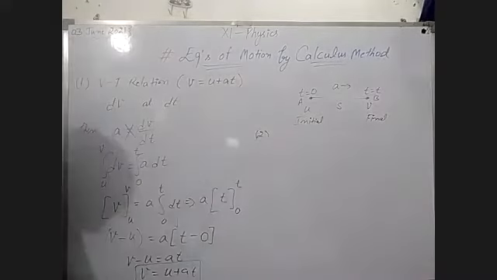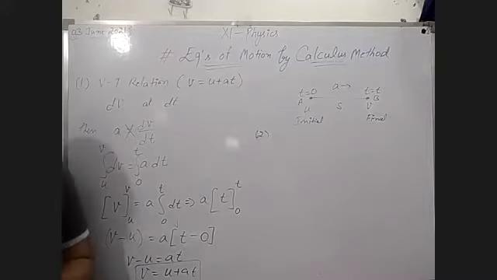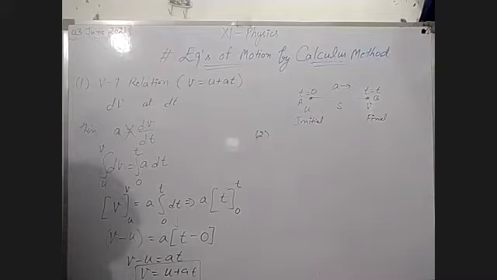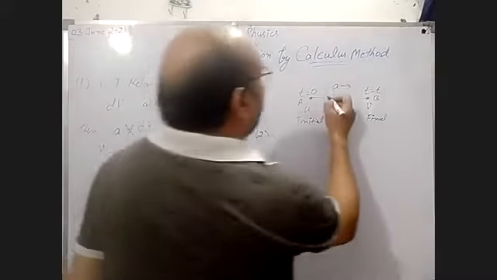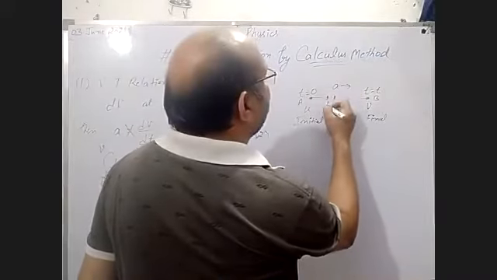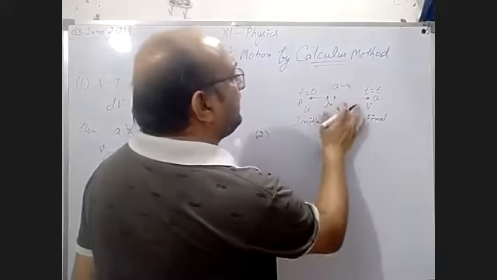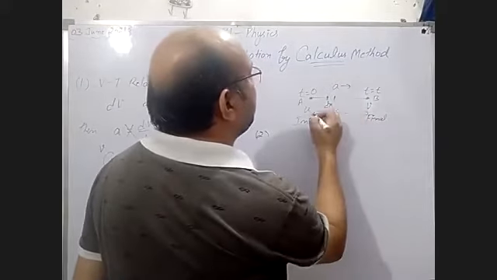Now the equation second. You know equation second is the distance time relation. Consider an object moving in a straight line with uniform acceleration. Let at an instant t, dx be the displacement of the object in the time interval dt. We are taking a small distance dx from s. Total distance is suppose s.